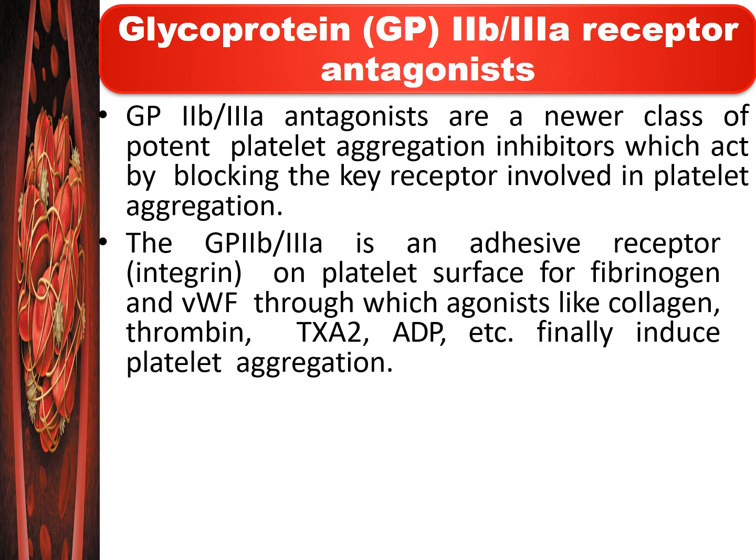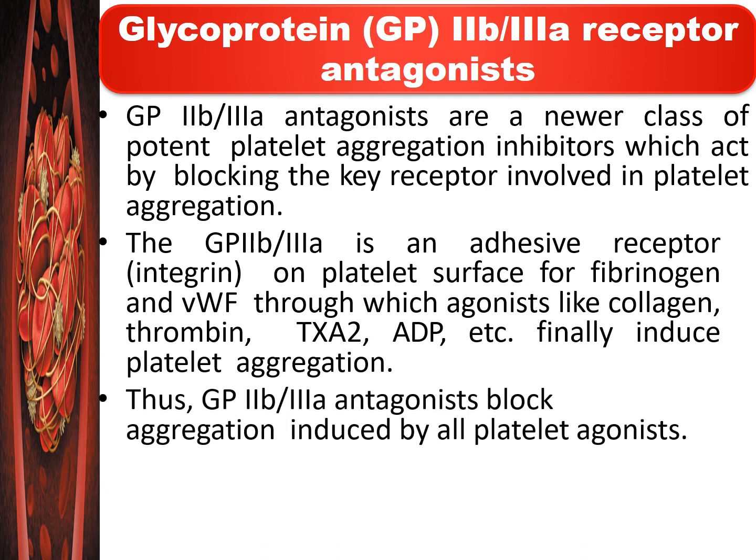GPIIb/IIIa is an adhesive receptor integrin on the platelet surface for fibrinogen and von Willebrand factor, through which agonists like collagen, thrombin, thromboxane A2, ADP, etc. finally induce platelet aggregation, and thus the GPIIb/IIIa antagonists block the aggregation induced by all platelet agonists.